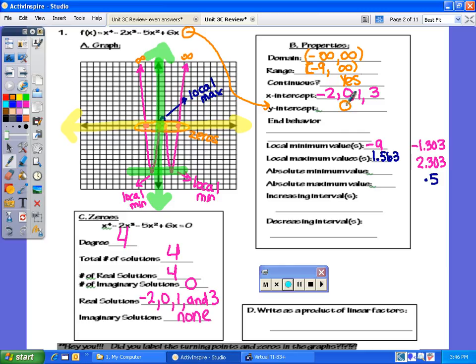Now my end behavior always starts the same. As x goes to the left, so this is going to the left, where does the graph end up? Well, the arrows on the left-hand side are at infinity, so that means that f of x must go to infinity.